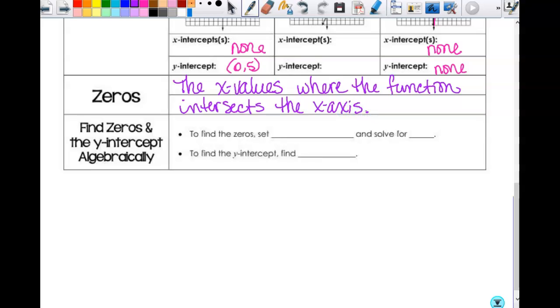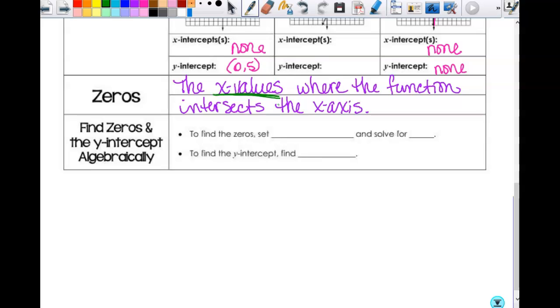The difference here is that zeros are x values, not the ordered pairs, it's just the x values themselves. So if I ask you for the zeros or the roots or the solutions, that's different from an intercept, which is an actual location and is a point. Does that make sense to you?